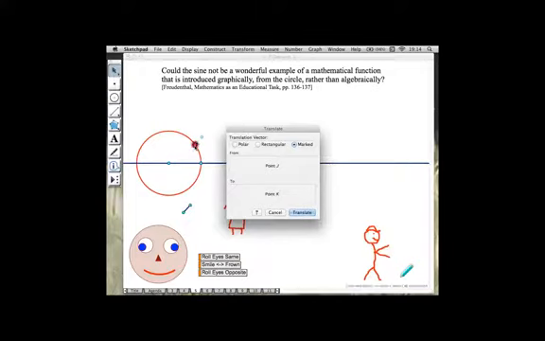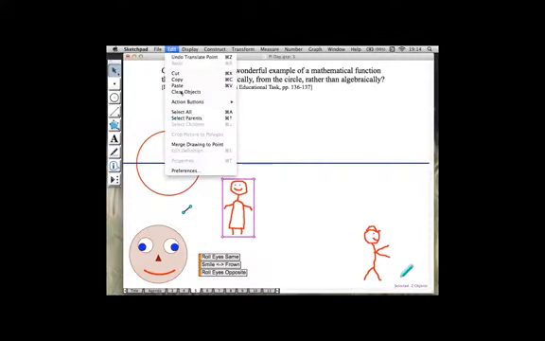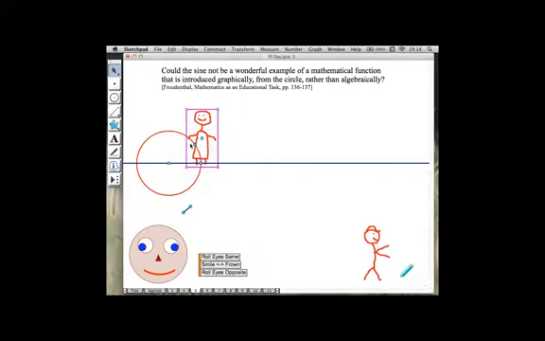So I'm going to offset the center of the picture from the circle just by a small segment to give me control of what's happening. I gain that control by taking the point on the circle and translating it using this segment as my vector.